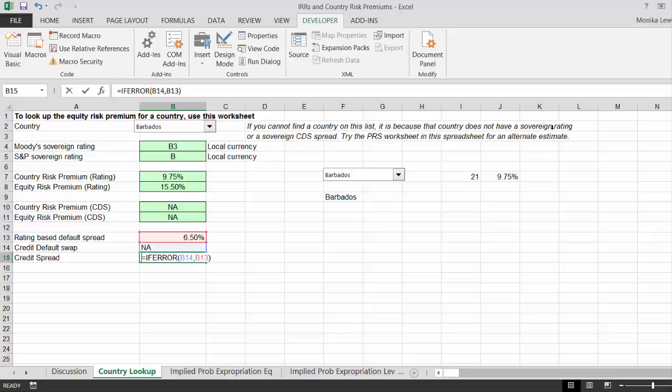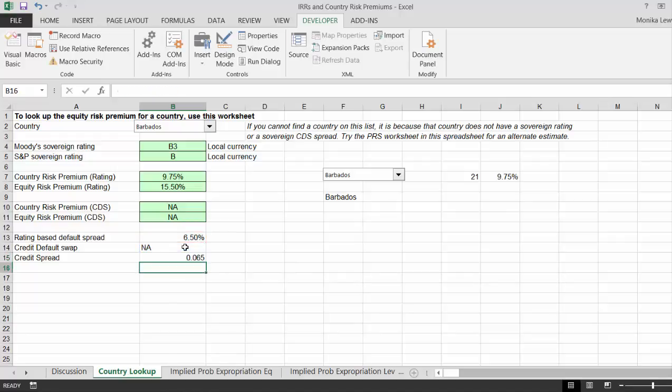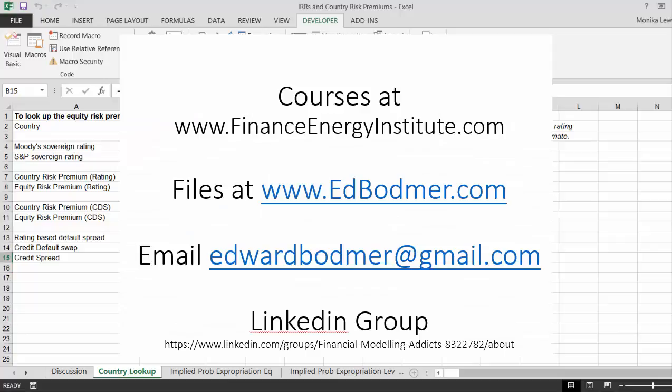Whoops, but that doesn't give us an error. Oh shit, I wish he would have just used that regular NA. What a bunch of crap. This is just such shit when you have to do this. Okay, so that's the credit spread we use.